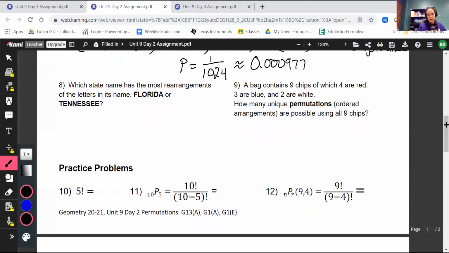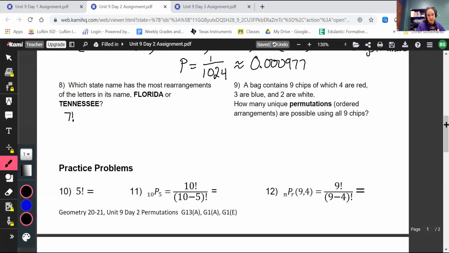So for Florida, there are 1, 2, 3, 4, 5, 6, 7 letters. So we got 7 factorial. Over it, do we have anything that repeats? F doesn't repeat, L doesn't repeat, O doesn't repeat, R doesn't repeat, I doesn't repeat, D doesn't repeat, A doesn't repeat. So we don't need to put it over anything.